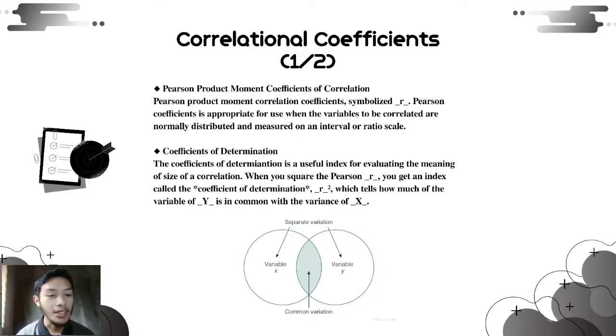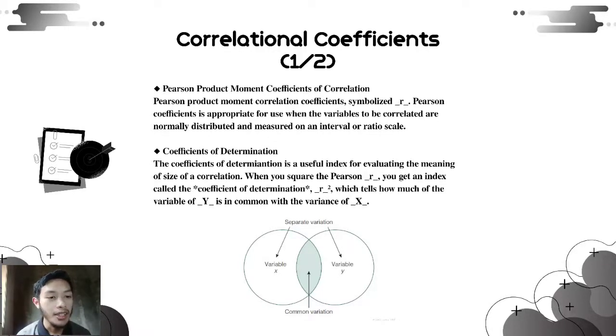I will continue to explain the material in correlational research, which is the coefficients of correlation. These coefficients of correlation have different kinds that can be divided into two major kinds. The first is the scale of the measurements of the measures used, and the second is the number of variables.